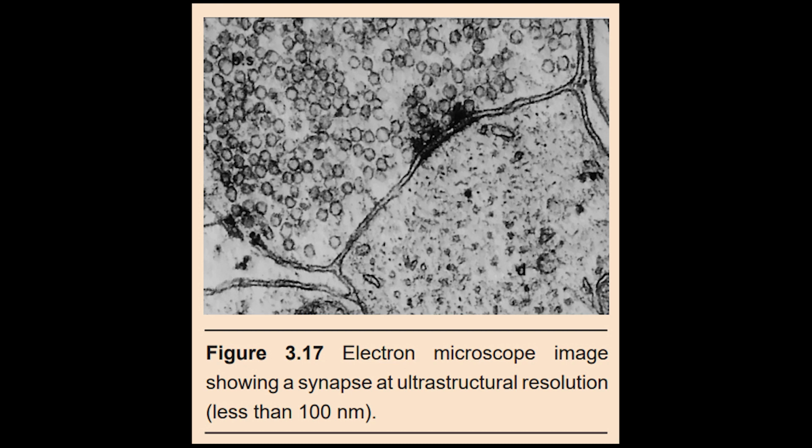Sidebar: Visualizing the synapse. The original microscopes that van Leeuwenhoek used to visualize cells and microorganisms relied on the transmission of light to see objects up close. For us to be able to see objects, light needs to bounce off of the intended target.